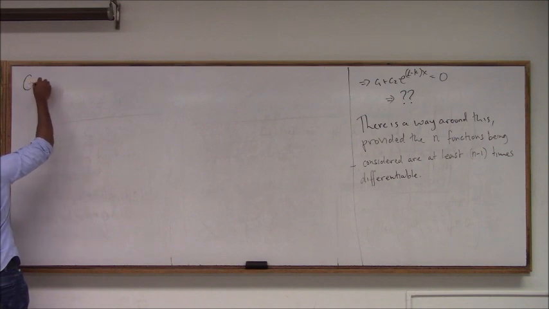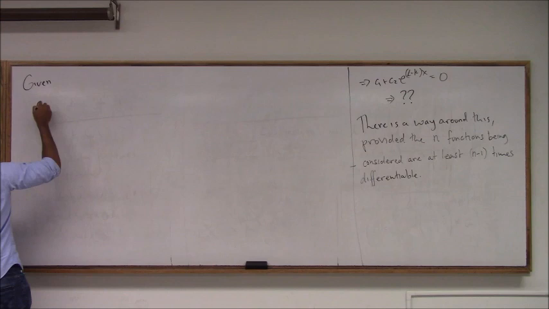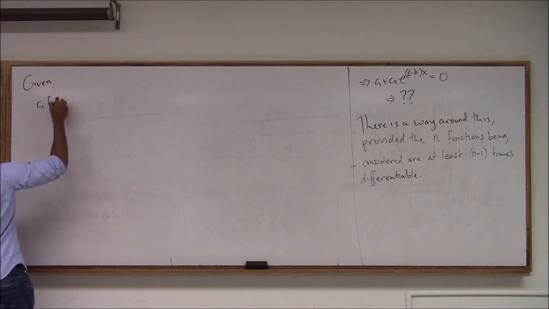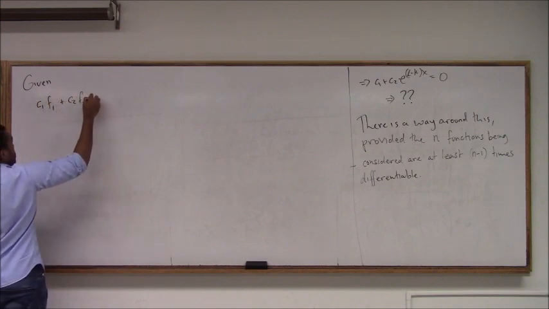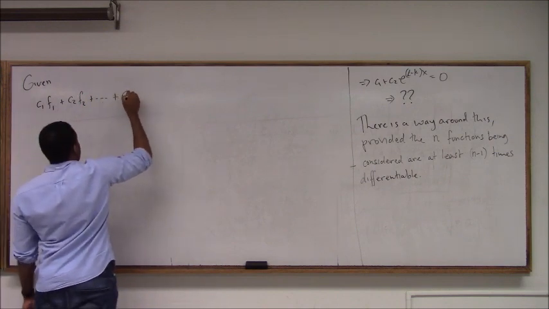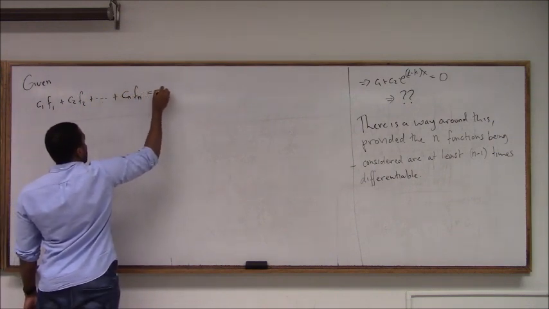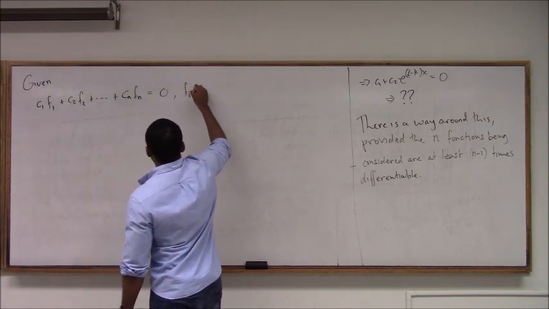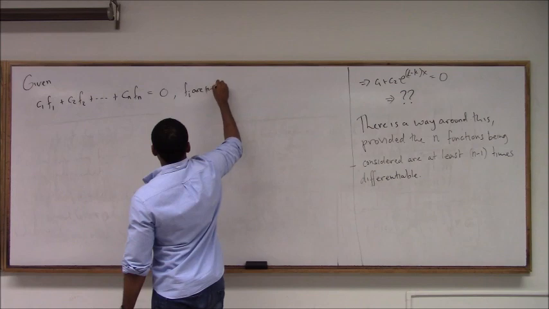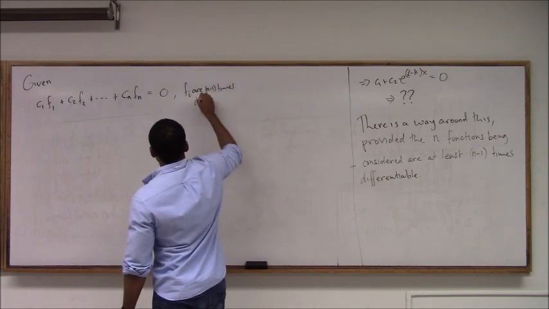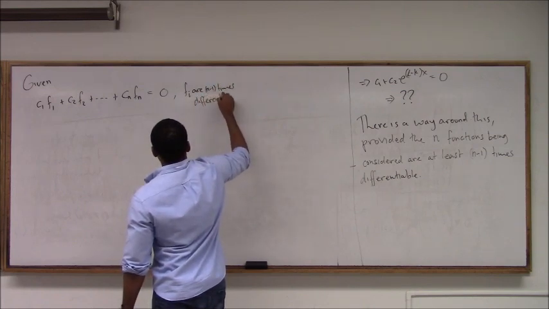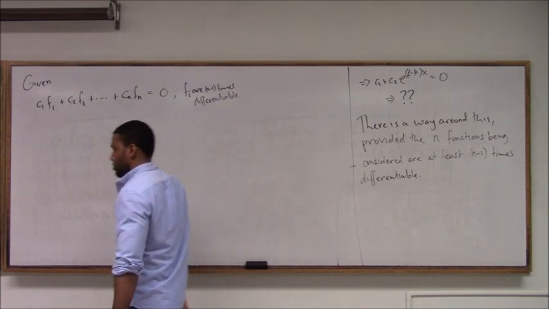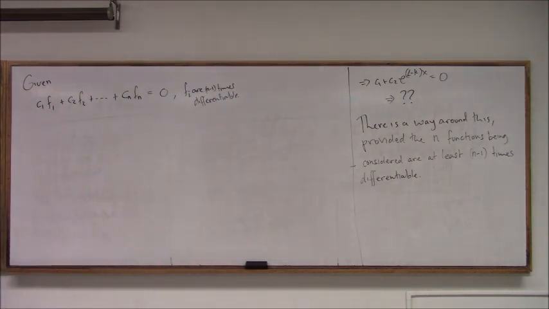So the thing given, let's say I had C1 F1 plus C2 F2 plus Cn Fn equals 0, and the Fi are n minus 1 times differentiable. What that means is I can just start taking derivatives.